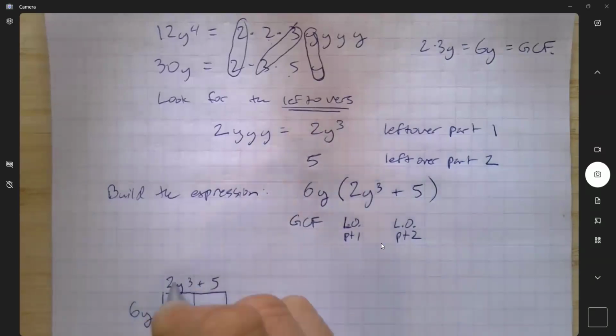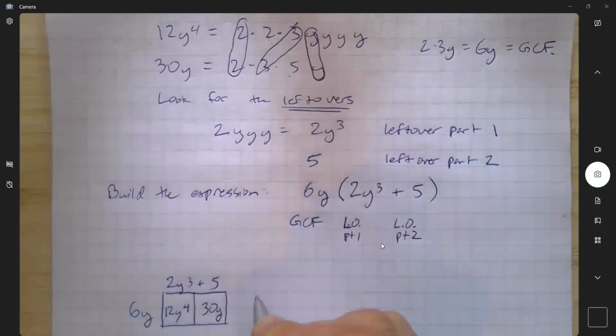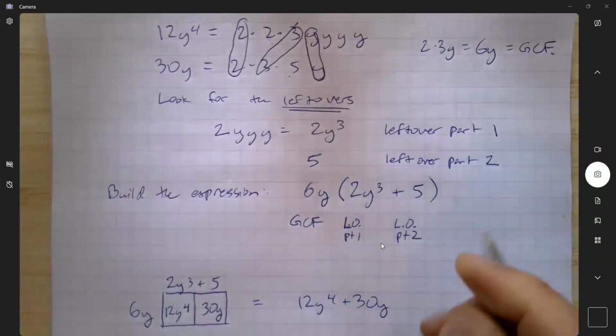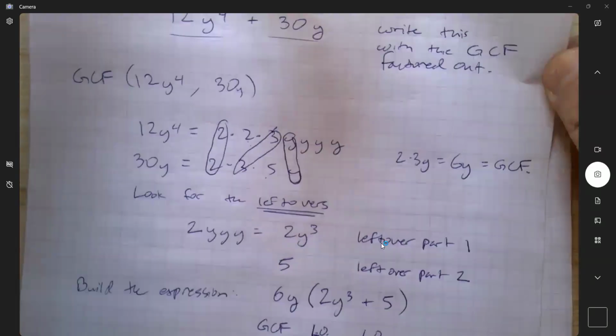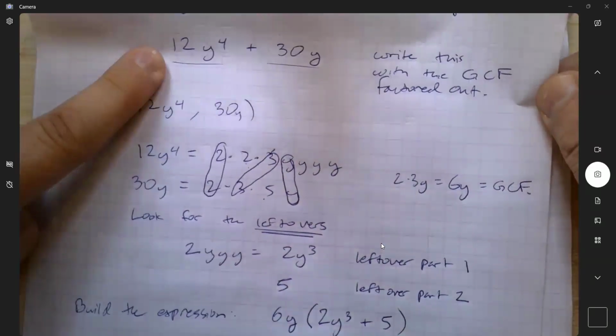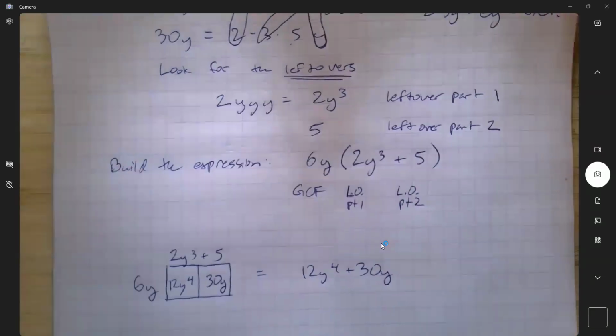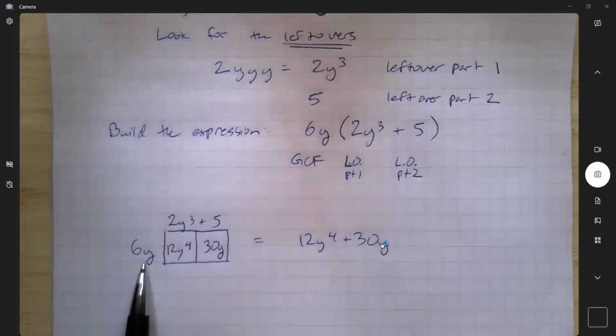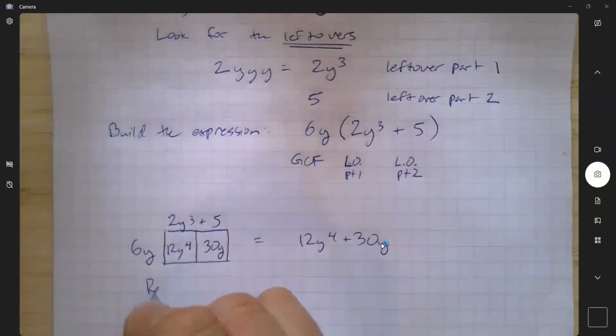And we do our multiplications and we have 12y to the 4th plus 30y, which is exactly what we started with here. So factoring out the greatest common factor is basically the reverse of polynomial multiplication.